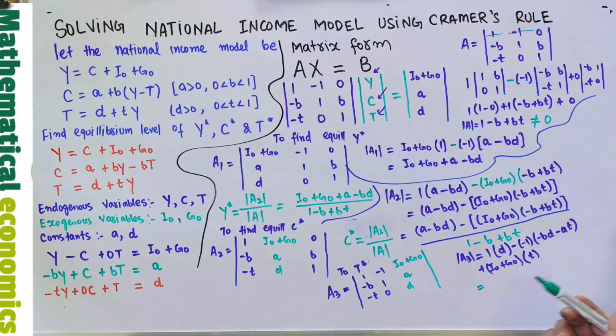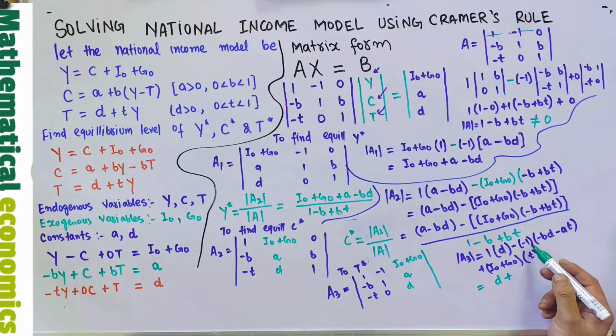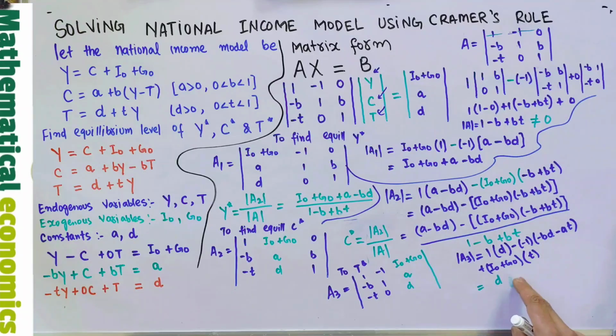I guess I have. So we have d, minus into minus is plus, then we have minus bd. Let's write it here: minus bd minus 80 plus I naught t plus g naught t.